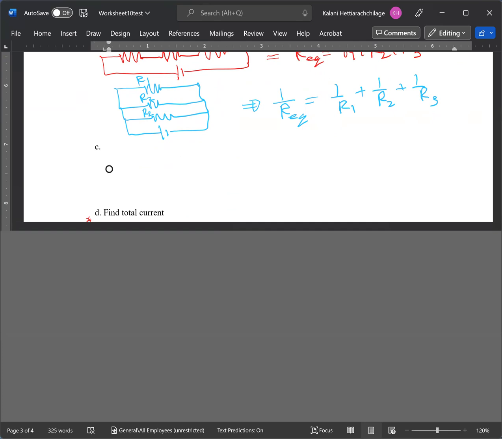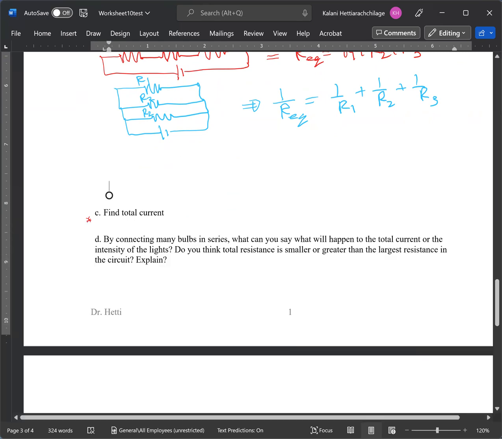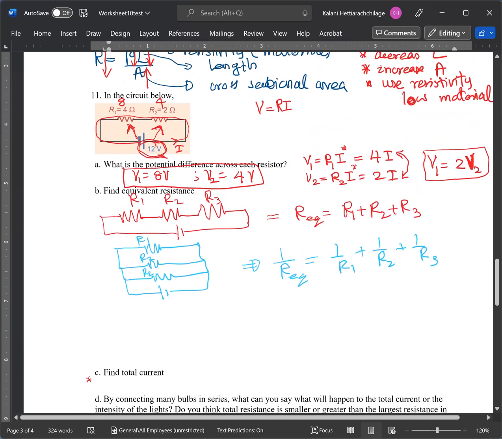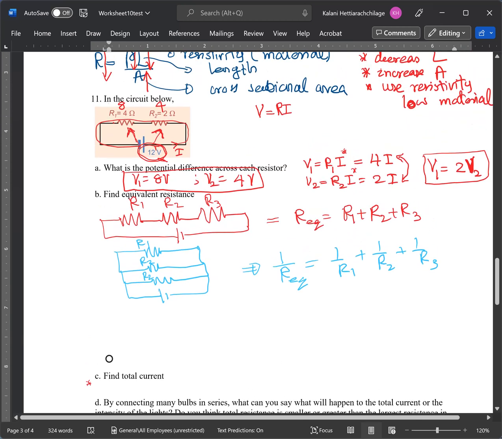Okay, so now in this circuit, what do we have? In the circuit, I have these two resistors, these two, definitely in series, right? So they are in series.